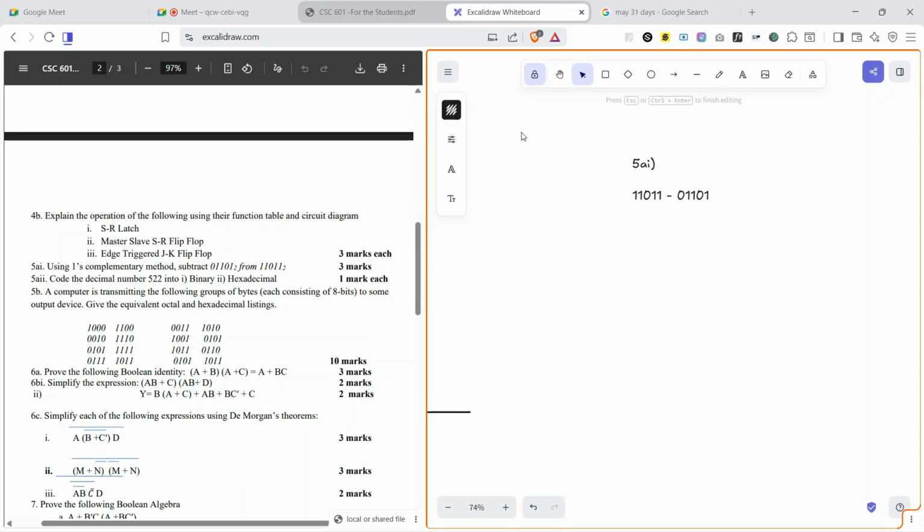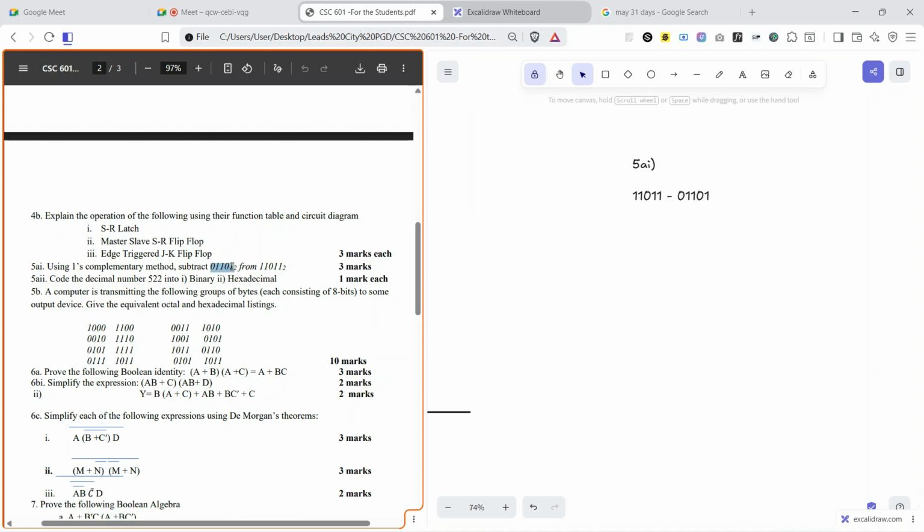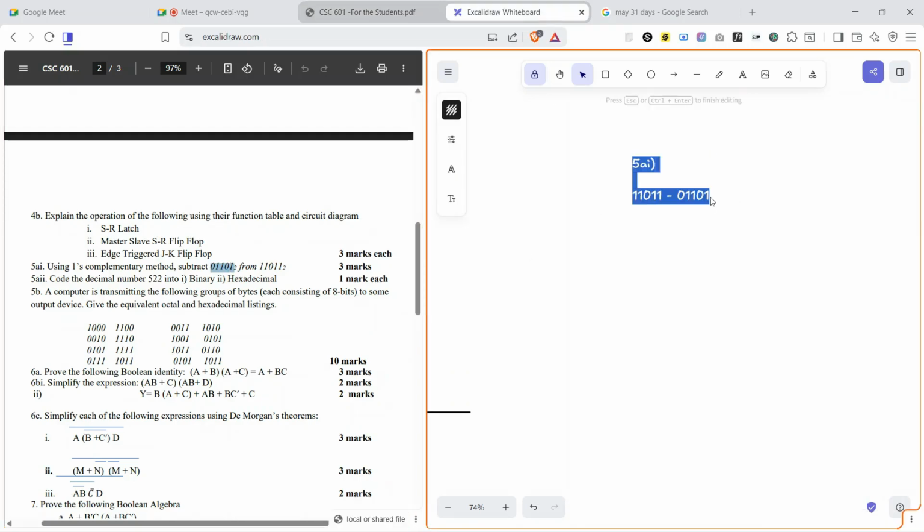Yeah, sorry. So you have to subtract the second part from this. So it's going to be like this. So in one's complement, it is going to be the opposite of everything that you have here.